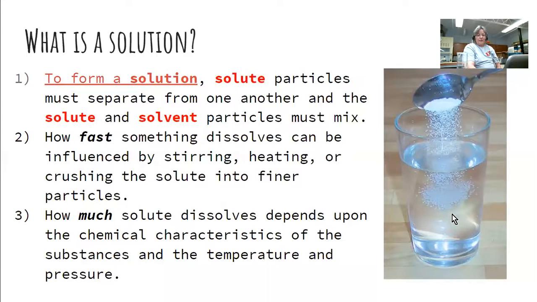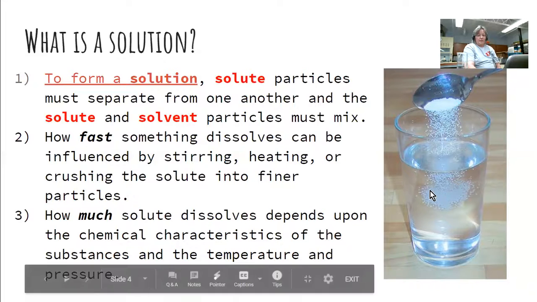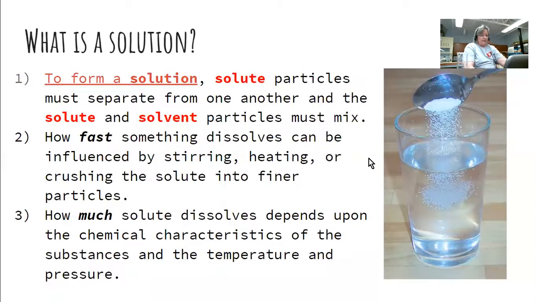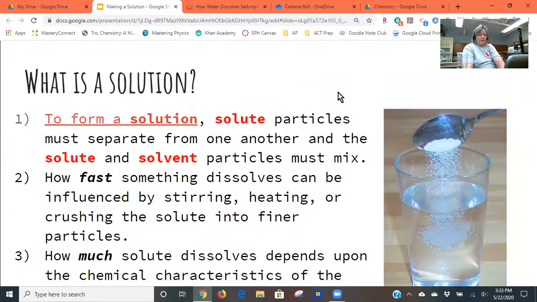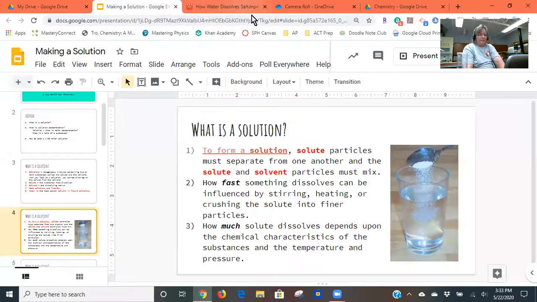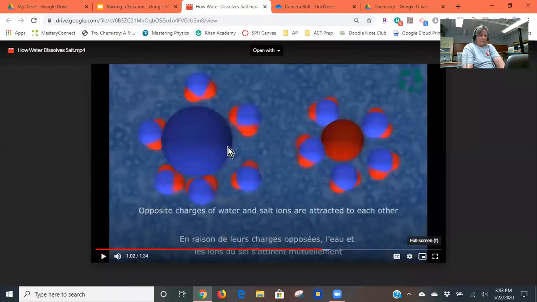Something's happening to the salt at that point. The salt is actually dissolving. Salt dissolving in water happens pretty quick, if you've ever mixed those two together. So we're going to look at a short clip that shows that.